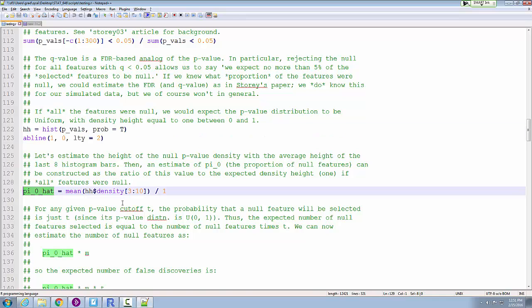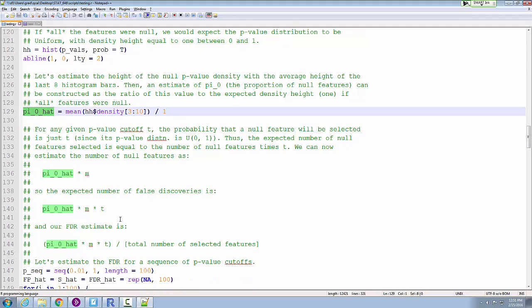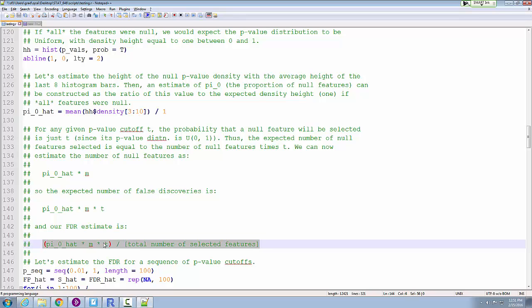And if we have pi 0 hat, we said in the paper last time, we can estimate the false discovery rate. So if we're going to use a p-value threshold of 0.05, say, then the estimated FDR for the features that we pick out applying that threshold is pi 0 hat, the estimated proportion of null features, times the number of features times the p-value threshold, divided by the number of features that had p-values below that threshold.